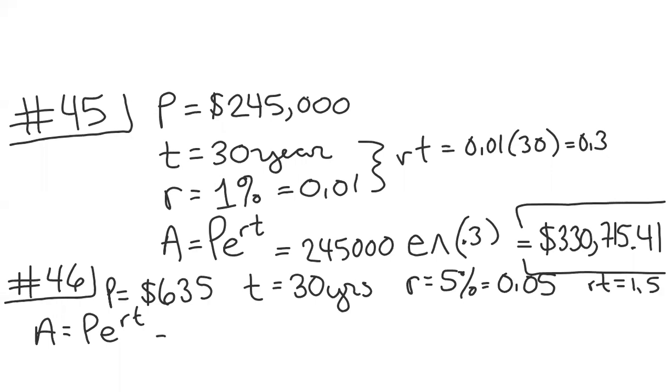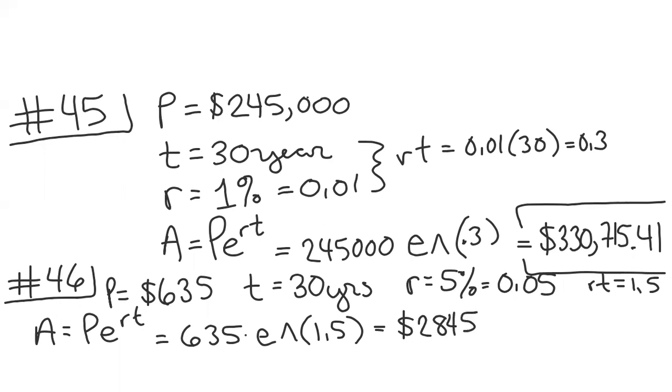So in the calculator, we can type 635 times e to the power 1.5, which is $2,845.87. So rent is going up in 30 years.